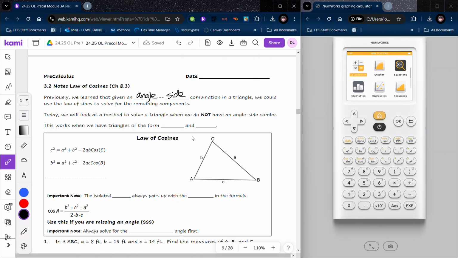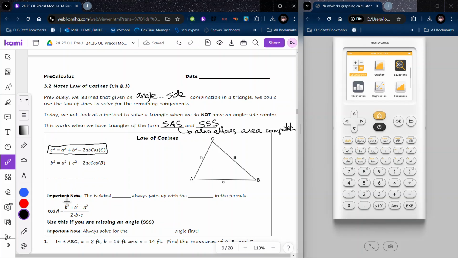This works when we have triangles of the form side-angle-side or side-side-side. Note that side-angle-side also allows the area computation. So our law of cosines is this relationship. It's essentially an extension of the Pythagorean theorem.